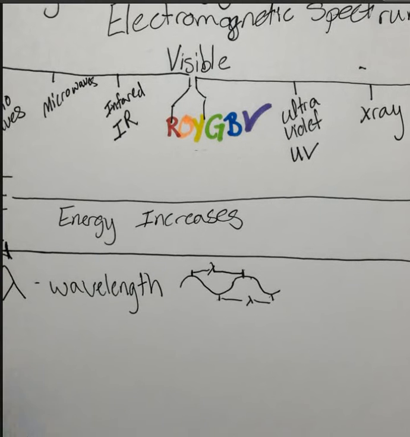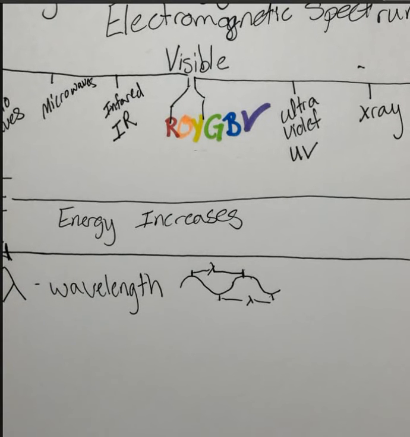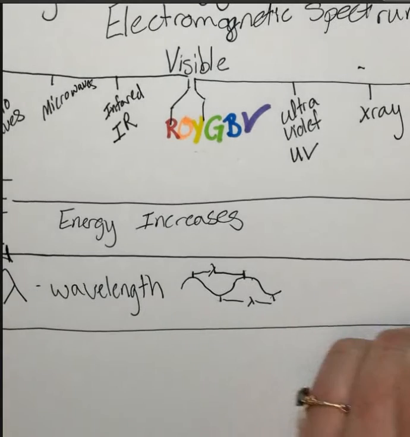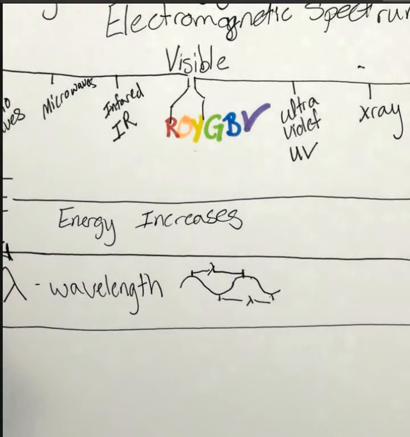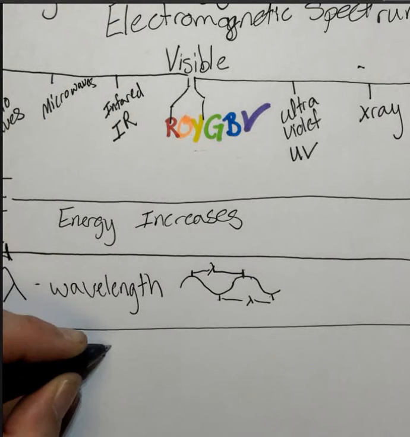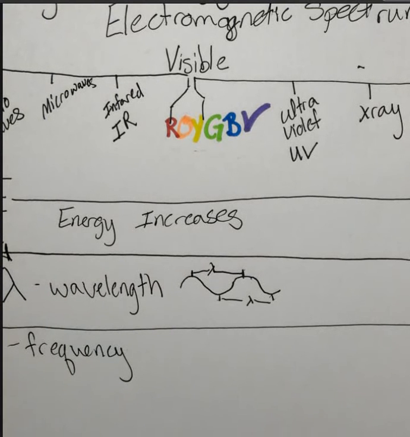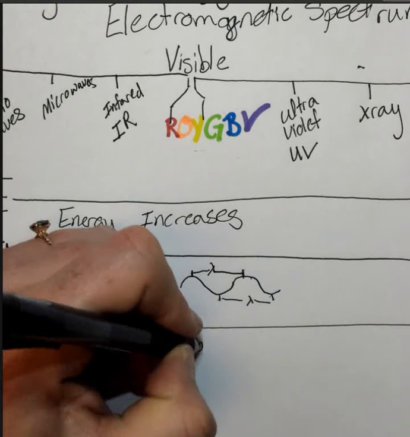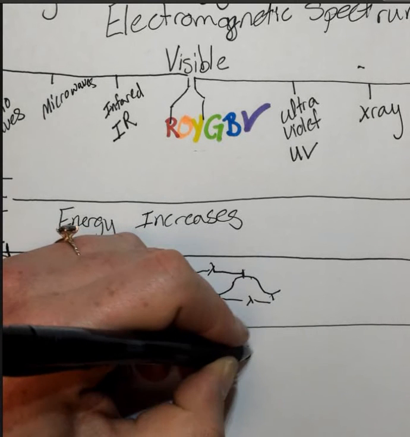Okay, so energy and wavelength have an inverse relationship. As energy goes up, wavelength goes down, and that makes sense. It also makes sense that the frequency also increases with energy, because frequency is how many waves per second.